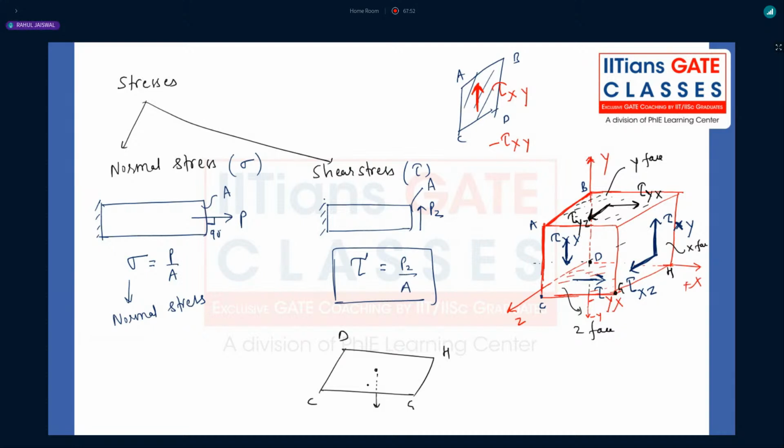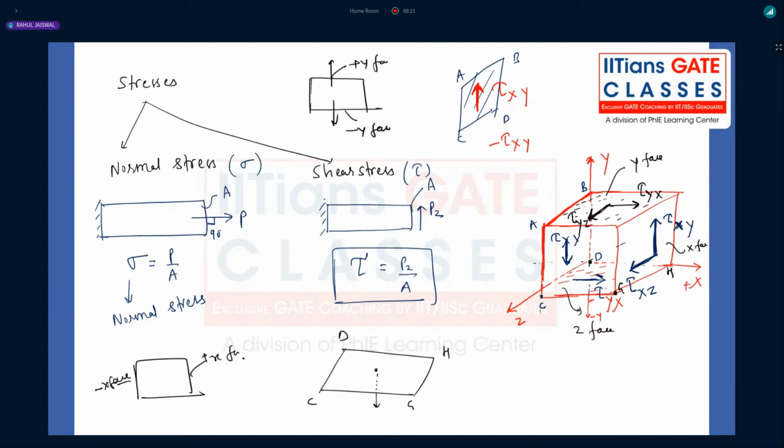It is negative y. Suppose you have taken the body, this is the positive y phase. This will be the negative y phase, right? Getting my point? Suppose you understood like this, x phase, that is a positive x phase, negative x phase.